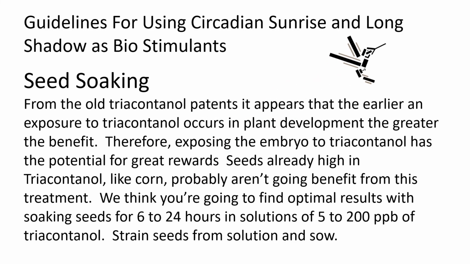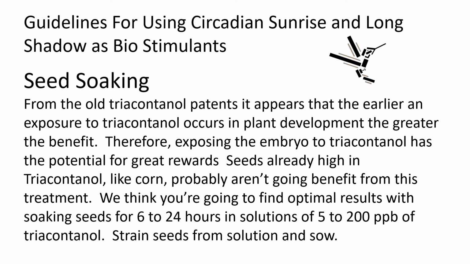Seed soaking, that's one way of applying tricontanol. We think you're going to have best results less than 200 parts per billion, and really, I think 40 parts per billion and less is for most seeds going to be optimal.